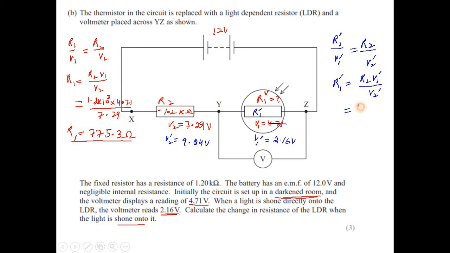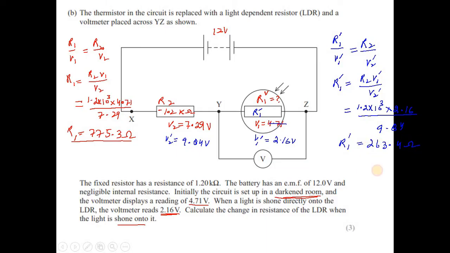Clearly R2 is the same as before, 1.2 into 10 to the power 3, times V1 dash, which is 2.16, divided by V2 dash, 9.84.